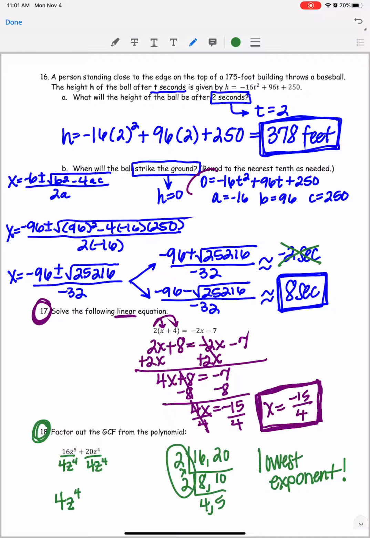So 16 divided by 4 is 4, which we have right here. Z to the 5th over Z to the 4th is just Z, right? 5 minus 4 is 1. 20 divided by 4 is a positive 5, which is right here. And Z to the 4th and Z to the 4th cancel, and so we're only left with that plus 5. So if you distribute back, you get to the original, so that's how you know that we did this correctly.